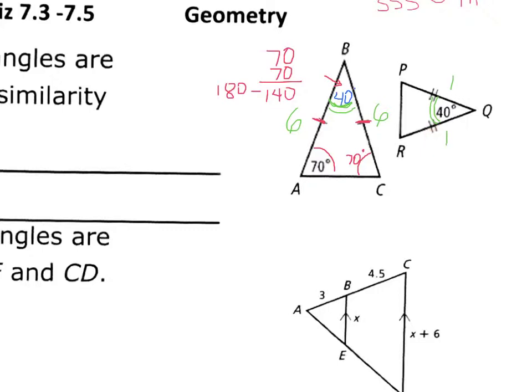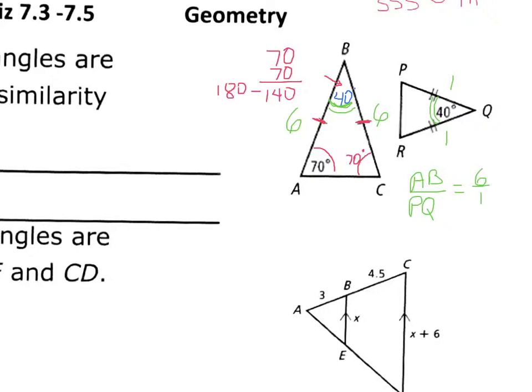And if you compare the sides from one triangle to the other triangle, that is going to be AB is to PQ, and just trying some numbers, that would be 6 over 1.